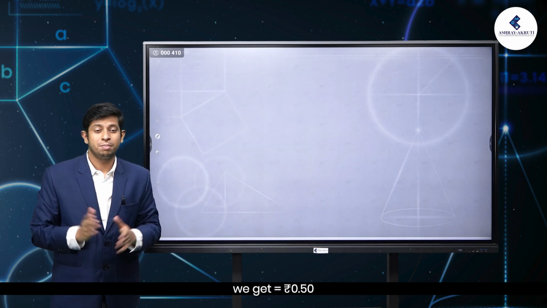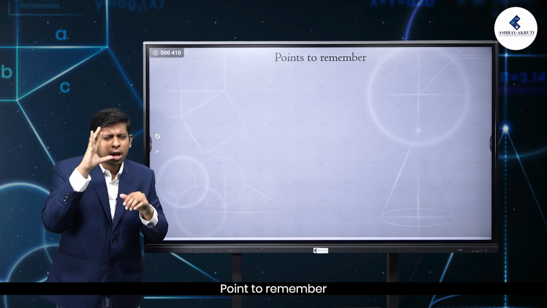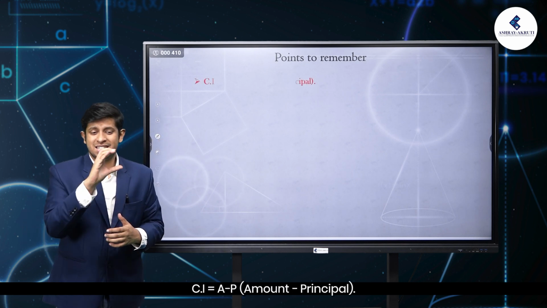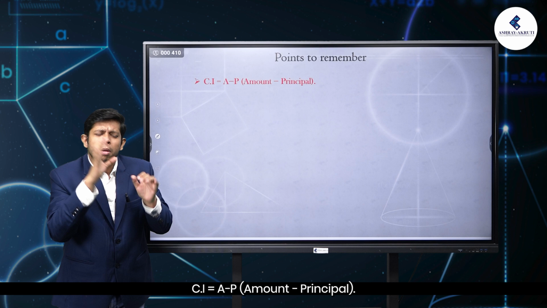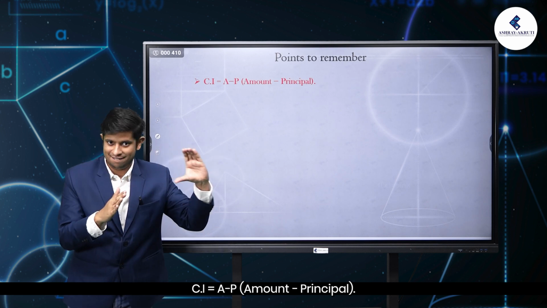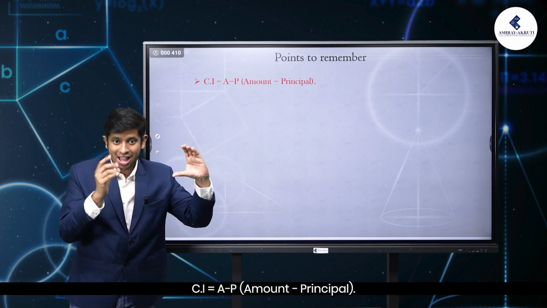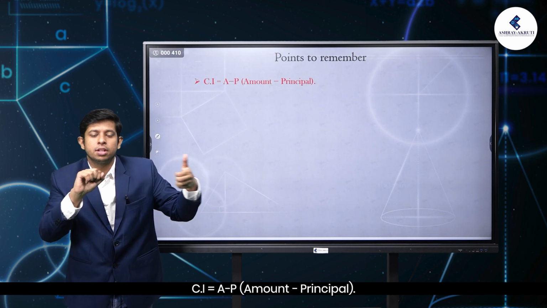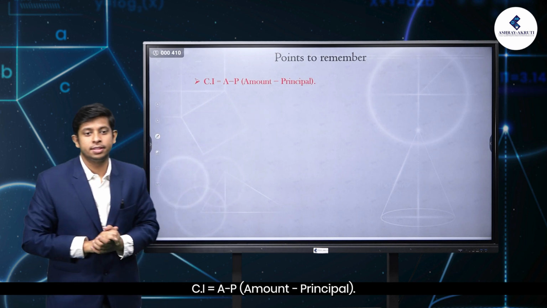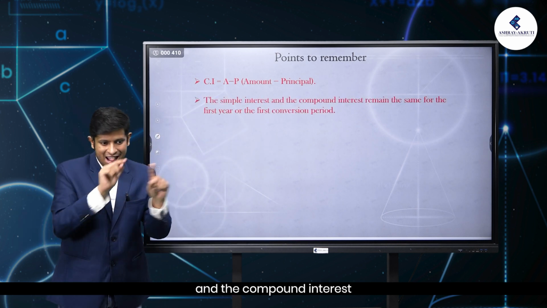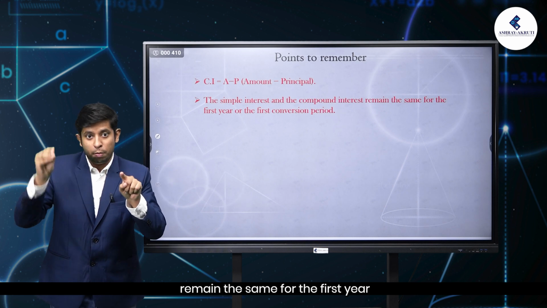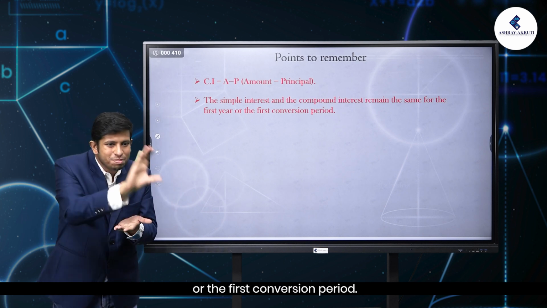Points to remember. Compound interest is equal to amount minus principal. Simple interest and the compound interest remain the same for the first year or the first conversion period.